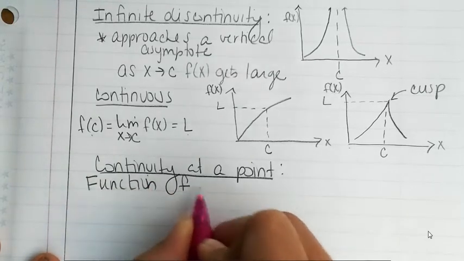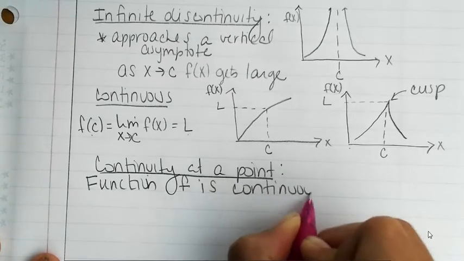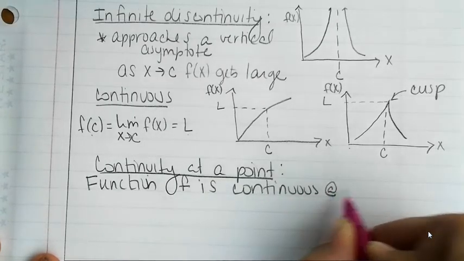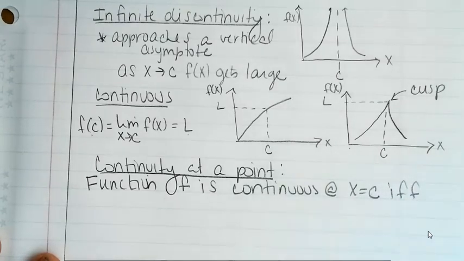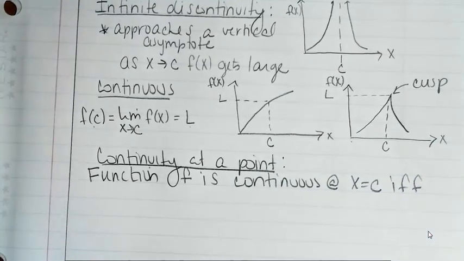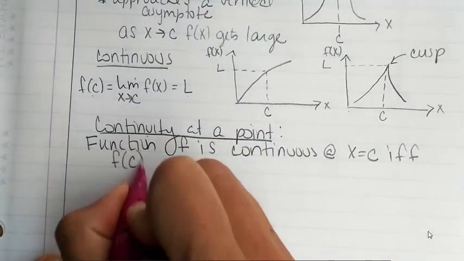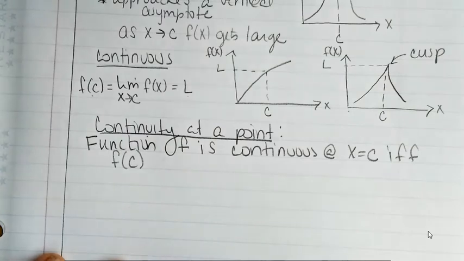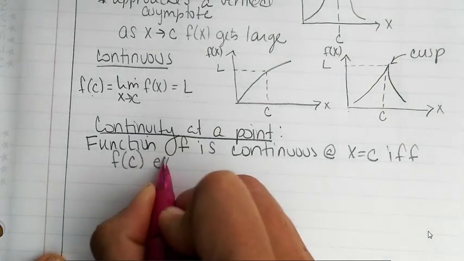Function f is continuous at the point x equals C if and only if the following are true. First of all, if I plug C in, it's defined. So we know that f of C exists. I'll put a 1 there.